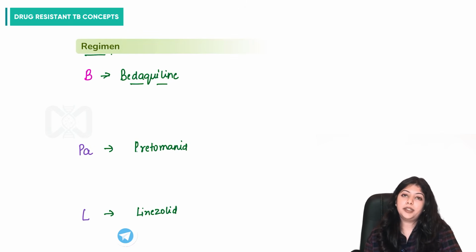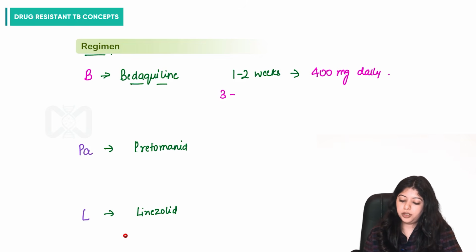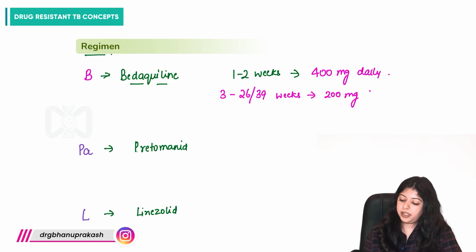Bedaquiline, for the first 1 to 2 weeks, is given at a dosage of 400 mg daily. And from the 3rd week onwards, 3rd to 26 or 39 weeks, it is given as 200 mg 3 times a week.